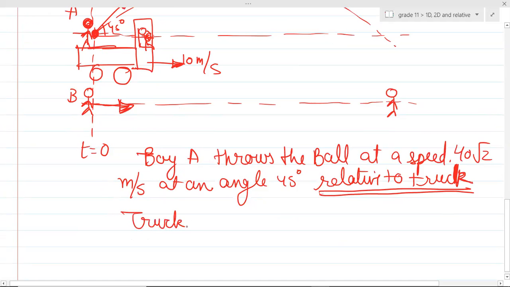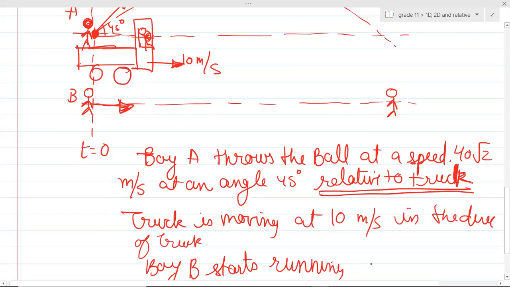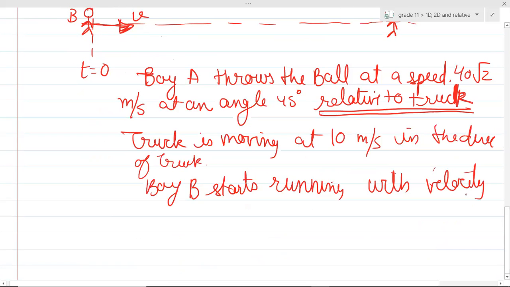The truck is moving at 10 meter per second in the direction of throw, right? Can you see the truck is moving in this direction? The throw was also in this direction, in the direction of the truck. And boy B starts running with velocity v to catch the ball.